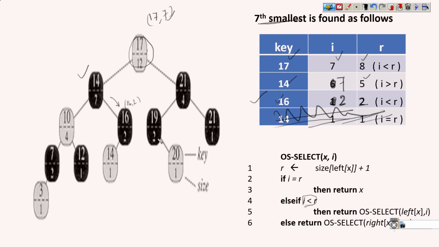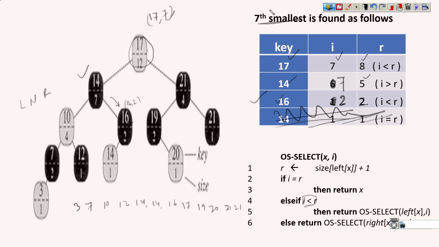So let us verify that this is the seventh smallest among the given sequence. If you write the in-order traversal of this, it will be 3, 7, 19, then on the right 20, then 21. So this is the sequence that we get after in-order traversal.